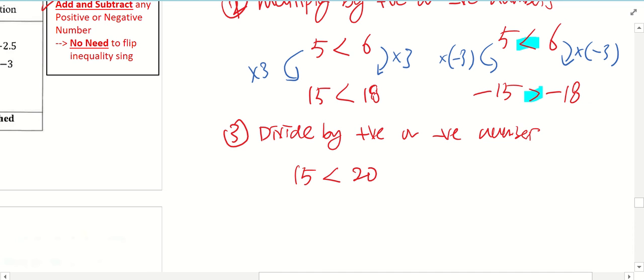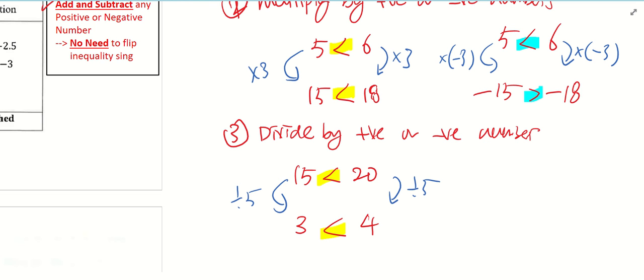I'm going to find a number that is divisible, so let's divide by 5, a common factor. On the left hand side we have 3, on the right hand side we have 4. 3 is still smaller than 4, so just like when you multiply by a positive number, there is no change in the inequality sign.